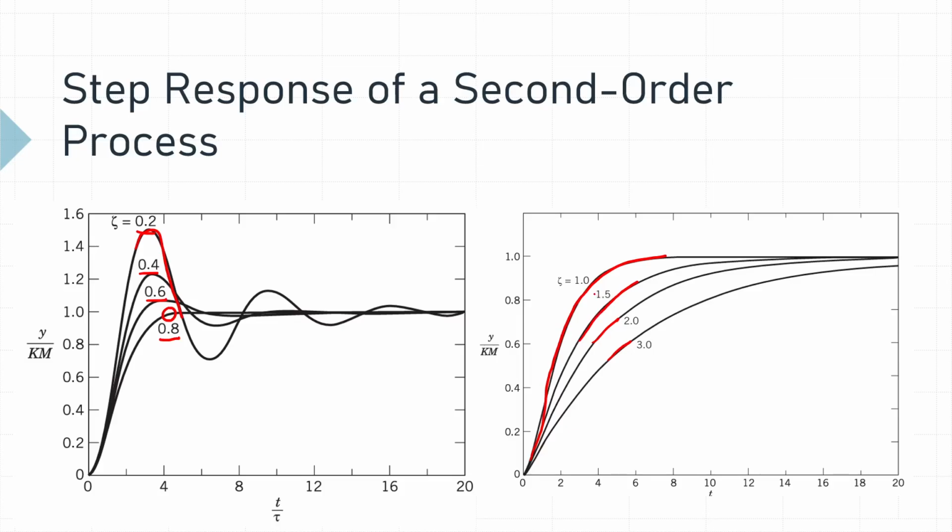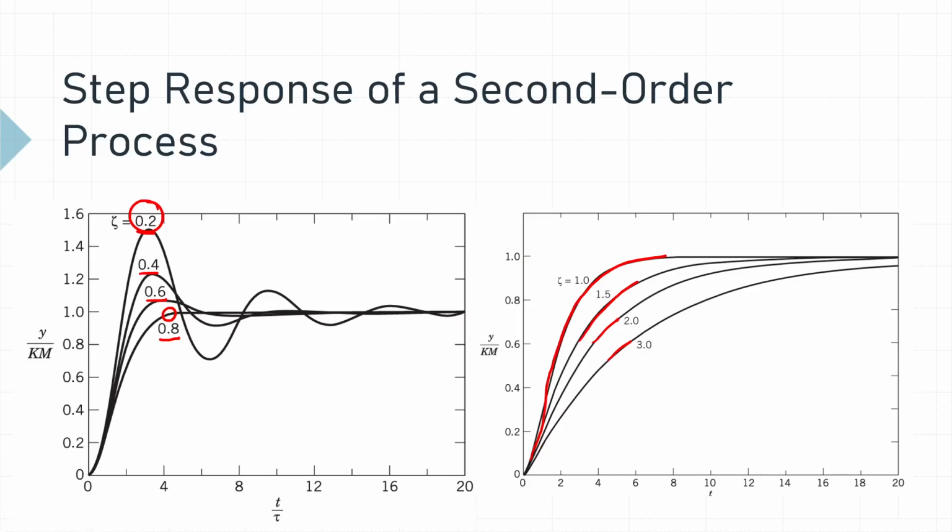But the response is much less oscillatory and settles faster than with these values, 0.2. So usually it's around these values that we design our control systems, because they could reach the certain points much faster than if we were to critically damp our systems or our process.